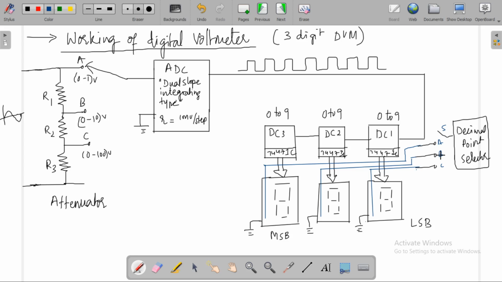If the switch is thrown to position B means you're going to have point before this digit. If the switch is thrown to position C means you're going to have point before this digit. Okay. These two switches are mechanically coupled to each other.